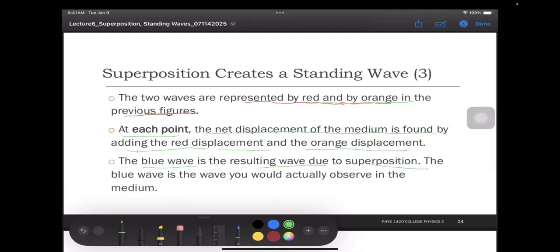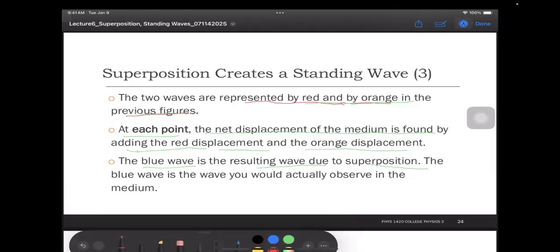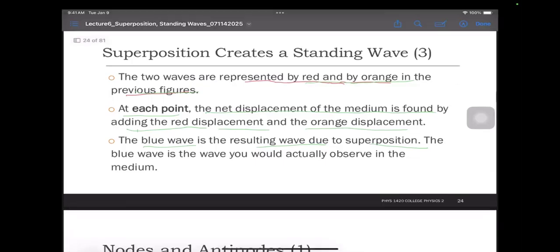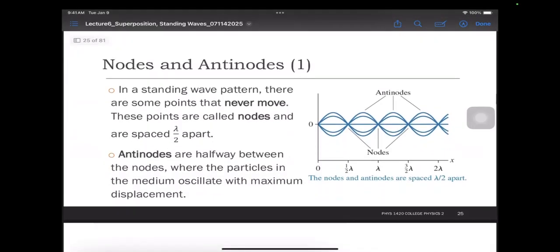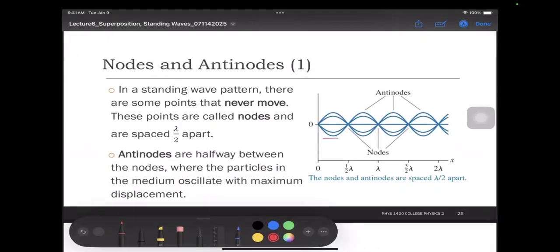Let's try to choose the right one. Okay, you can see this blue wave is the superposition wave, the standing wave, generated from the orange and red waves. In the standing wave pattern, there are some points that never move.